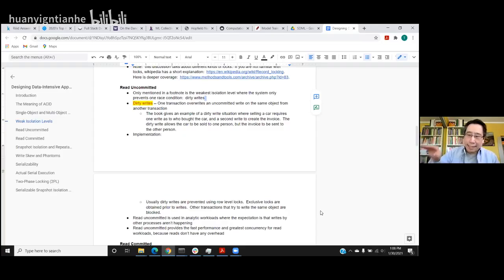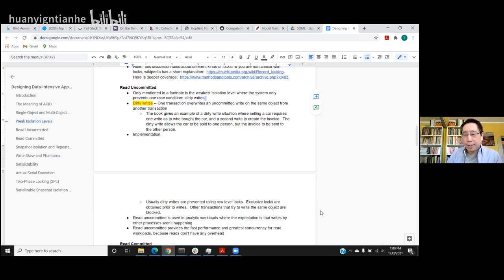At that point, it holds onto that lock. It does not release it, and it does all the other things. It may grab more locks as it's writing other things, and however long it takes, it holds all these locks. At the very end, if the transaction commits, then all the locks are released. If the transaction fails and aborts, everything's rolled back and all the locks release. So that's how it's implemented.